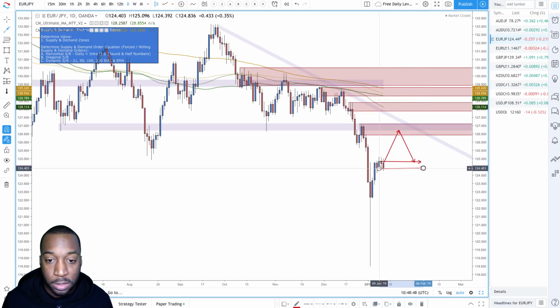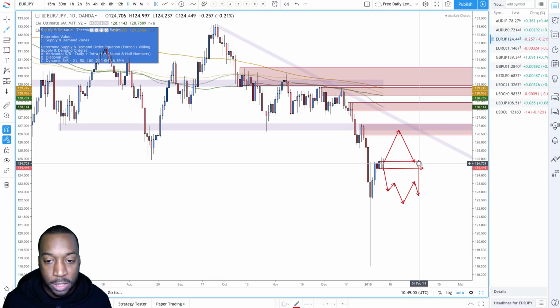From a supply perspective, if prices do make lower highs and lower lows, then you're waiting for price to come back up into an area of supply before looking at potentially getting short. I'm pretty much just going to leave that at that. Not really much to say about that.